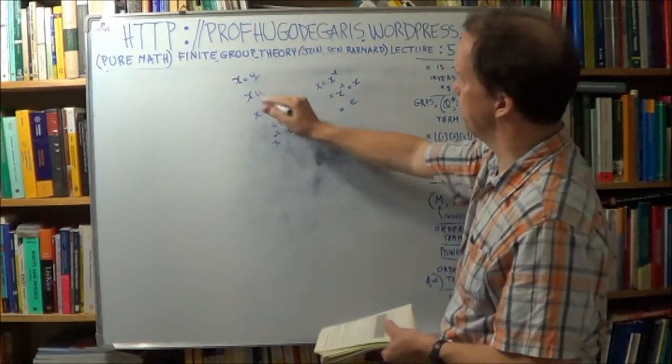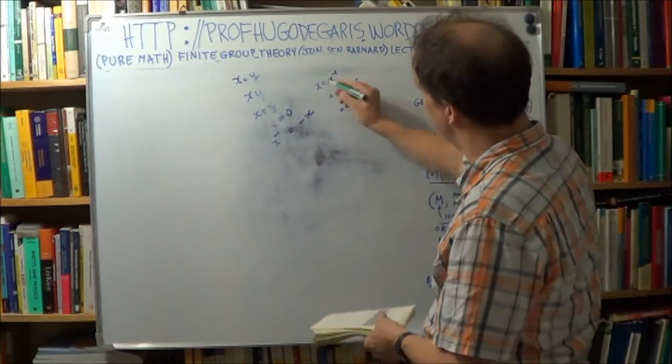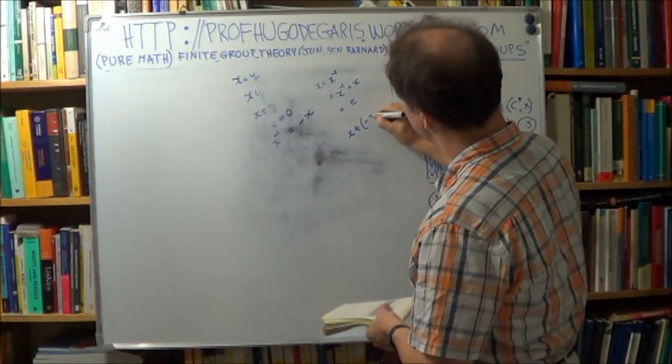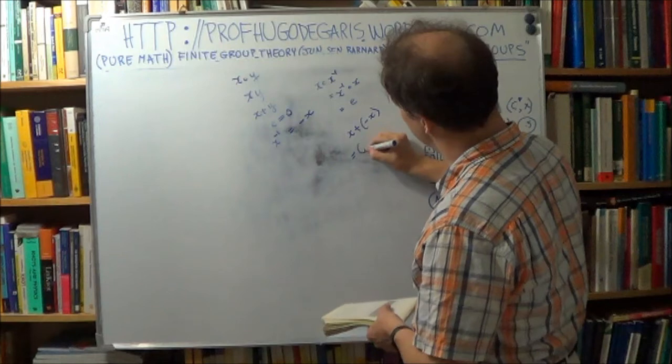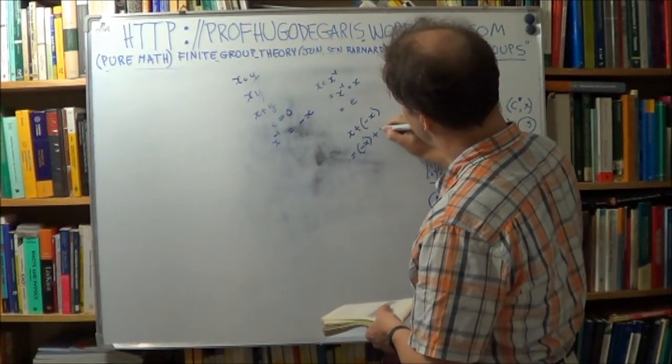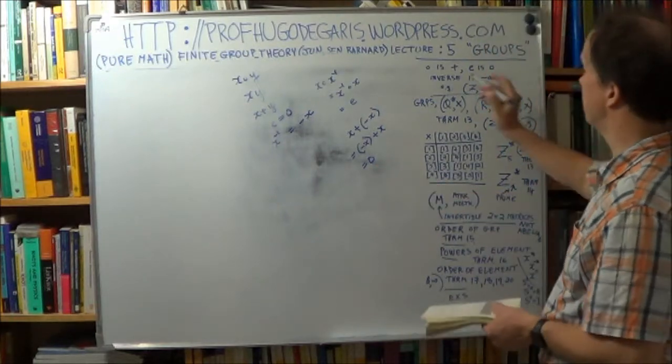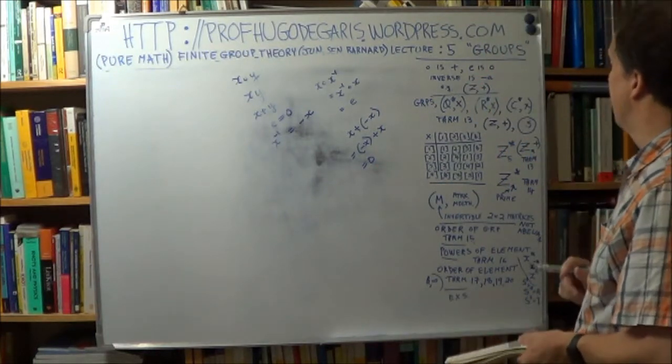Well, if we're using the plus notation, you would rewrite this as x plus minus x equals minus x plus x equals naught. Right? There's your unit naught. So that's what this says.